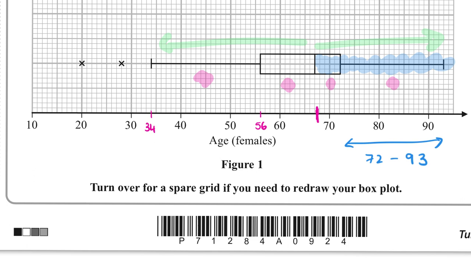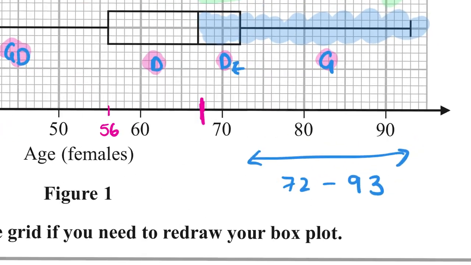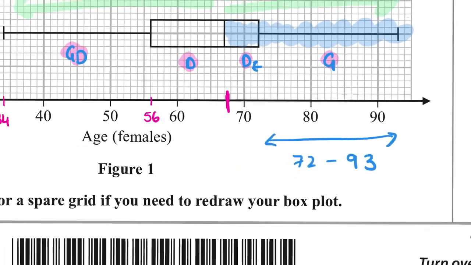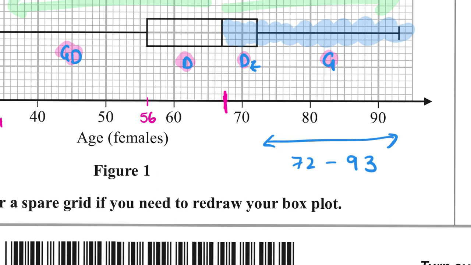Because this is definitely... The granddaughter's here. The other daughter's here. The eldest daughter's in here. The grandmother must be here. But what do we know about the grandmother? She's 23 years older than her daughter, right?